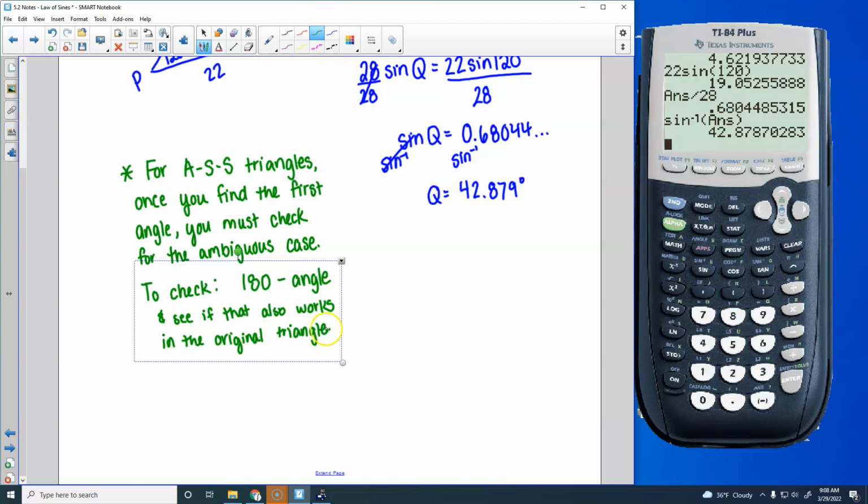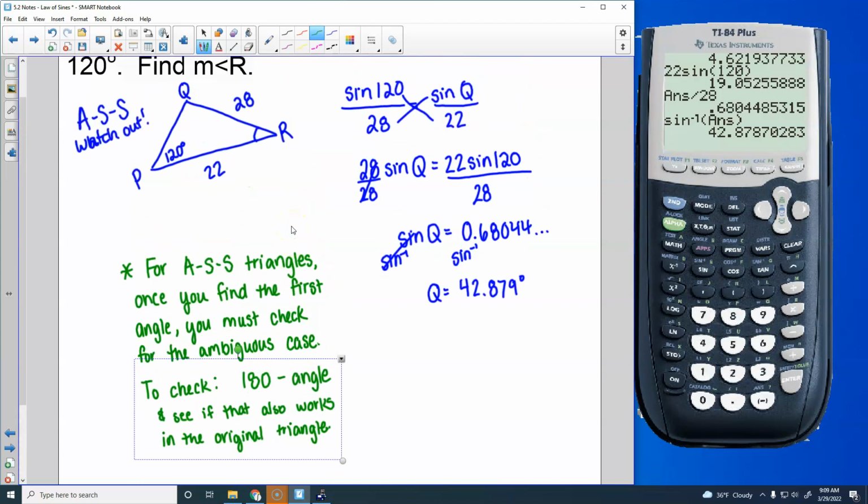So whenever we do more with unit circle, we'll talk about why you do 180 minus the angle. But right now, just take my word for it that it is going to be 180 minus that angle.